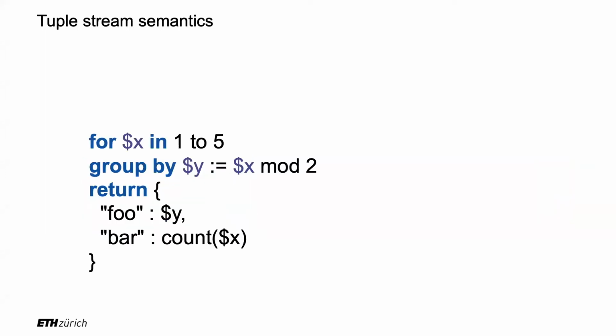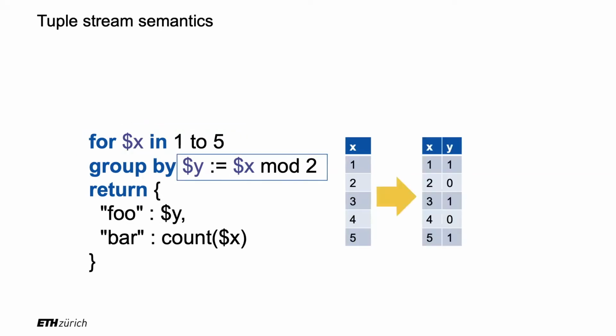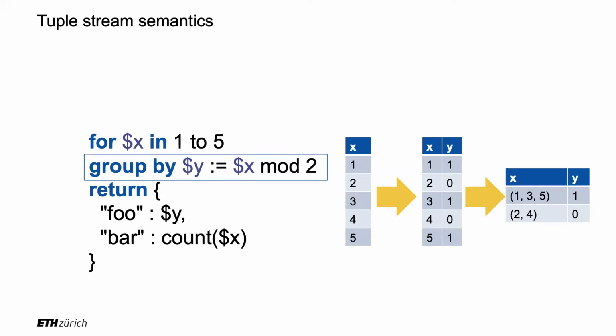Here's another one, the group by. Again, I create my tuple stream with the for clause, and I always go top down, clause by clause. Group by computes the value of my grouping key for each tuple. Here modulo 2 is 1 or 0. This is what's going to happen after the group by.